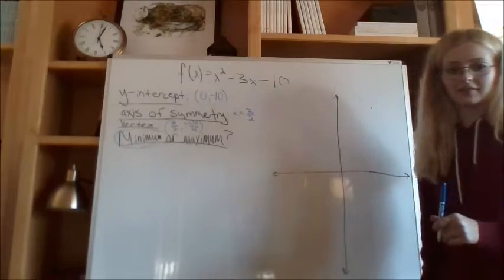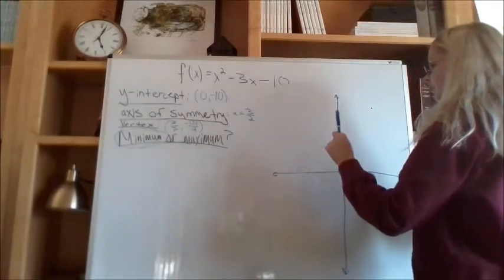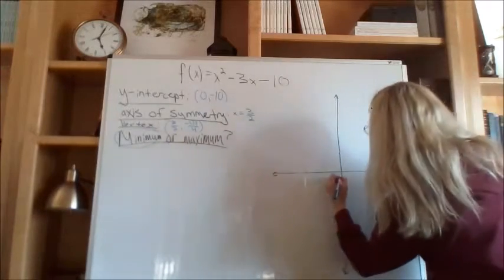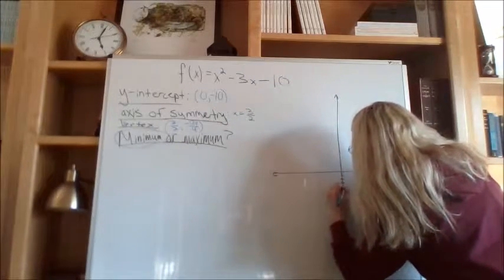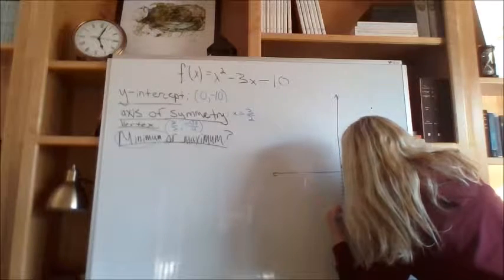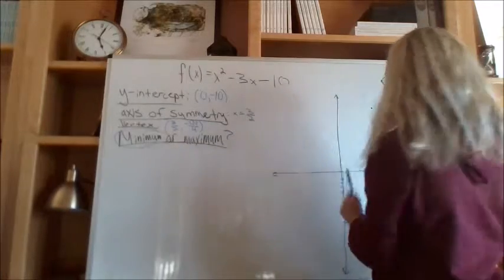Now it's time to graph. So we have all of our information, and so first we can put in the y-intercept, which is (0, -10). Next we have our axis of symmetry, which is x equals 3/2.